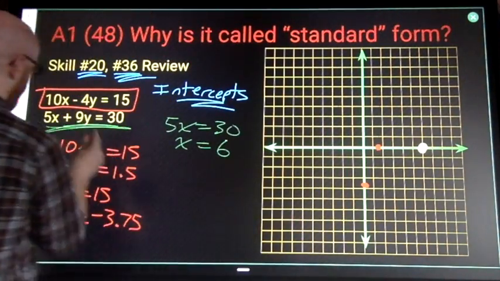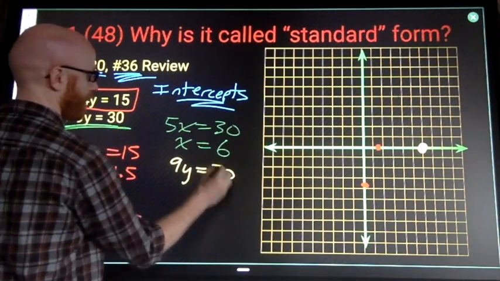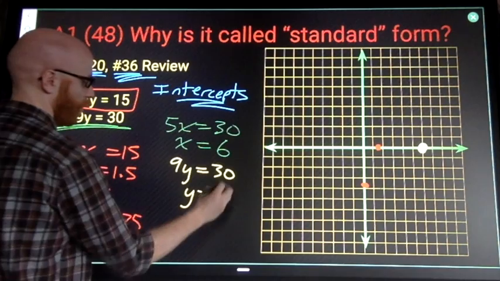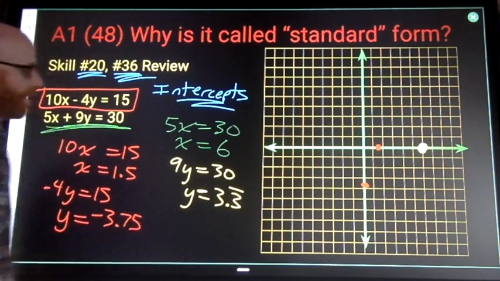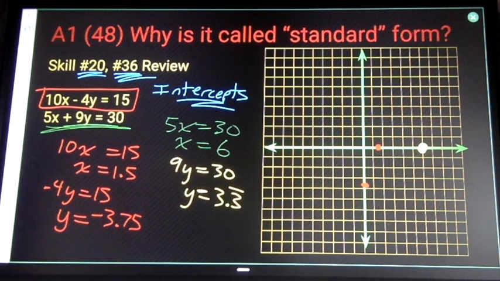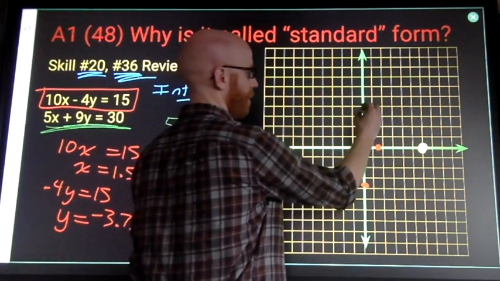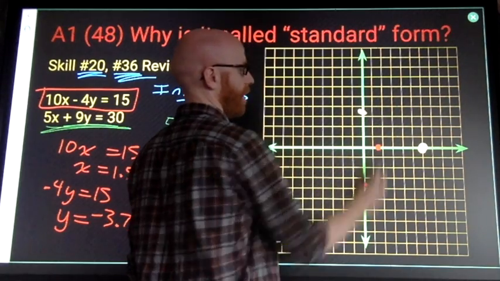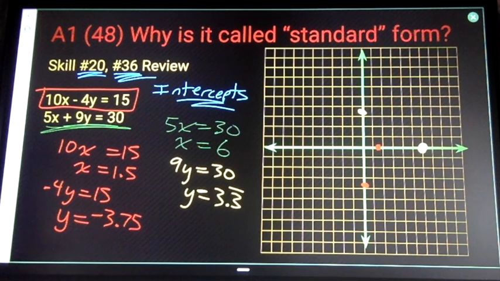For my y-intercept, drop out the x term. 9y equals 30. Divide both sides by 9. Y equals 3.3 repeating. Right around there. Okay, so very easy to find our intercepts in standard form.